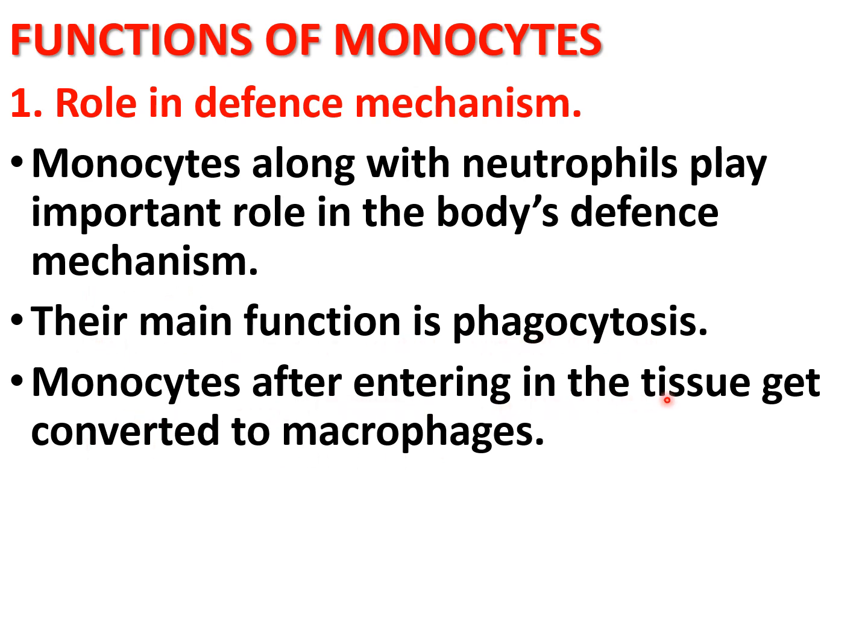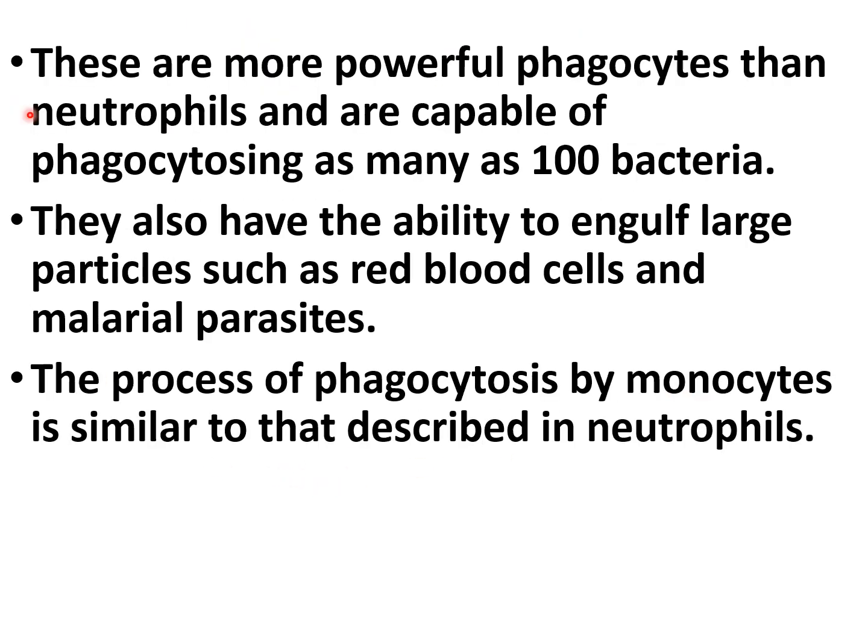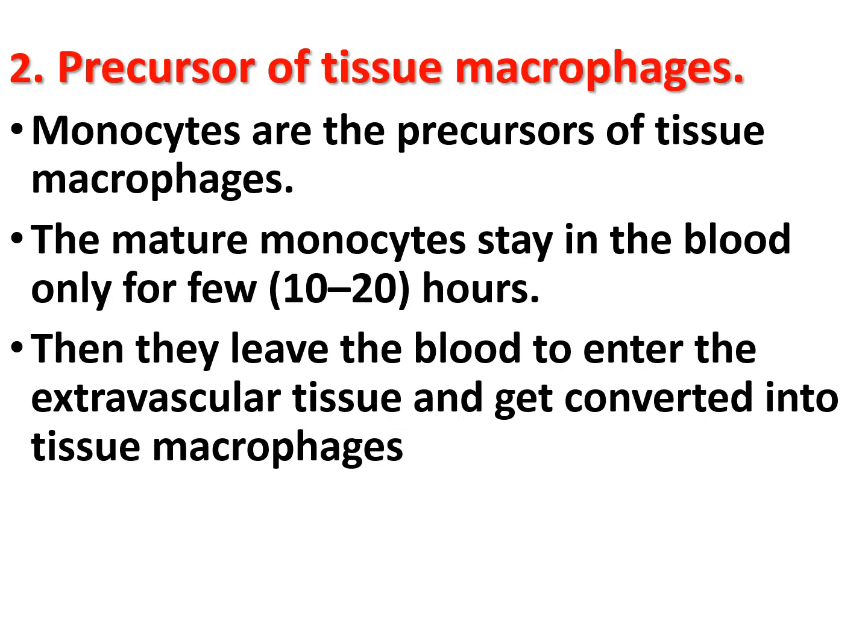Monocytes after entering into the tissue get converted into macrophages, which are more powerful phagocytes than neutrophils and are capable of phagocytosing as many as 100 bacteria. They also have the ability to engulf large particles such as red blood cells and malarial parasites. The process of phagocytosis by monocytes is similar to that described in neutrophils.